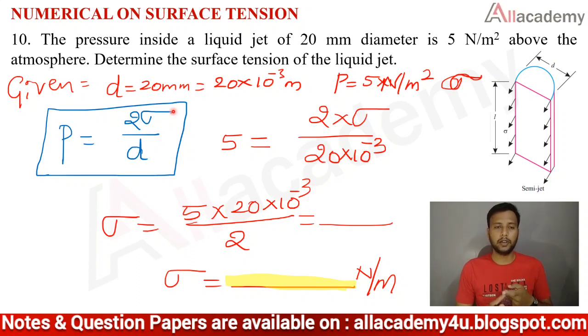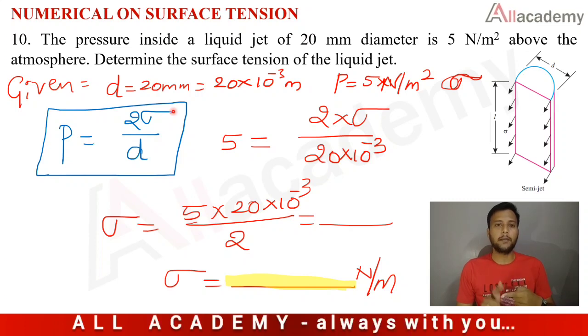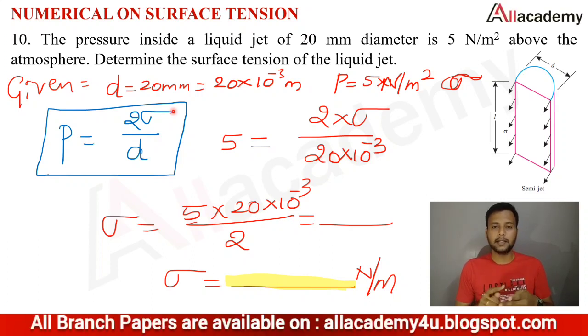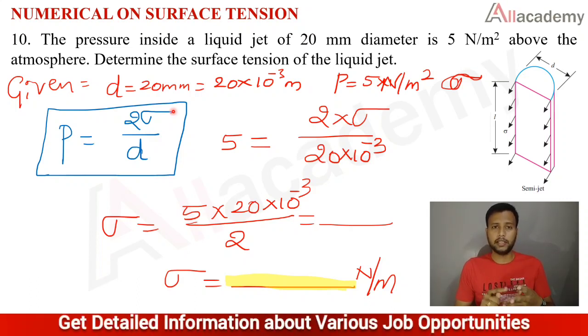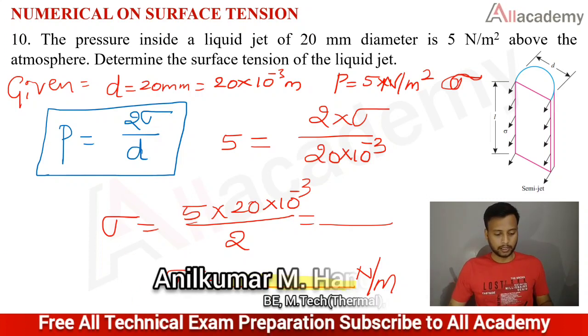The formula for the first one, that is a droplet, is P is equal to 4 sigma by D. The next one, a hollow bubble, is P is equal to 8 sigma by D. And similarly for liquid jet, P is equal to 2 sigma by D. So these are the numericals on surface tension.